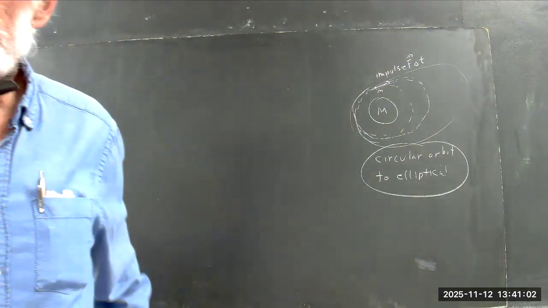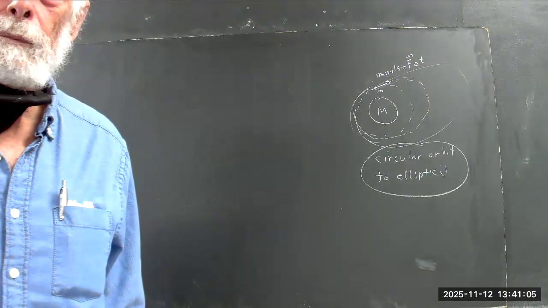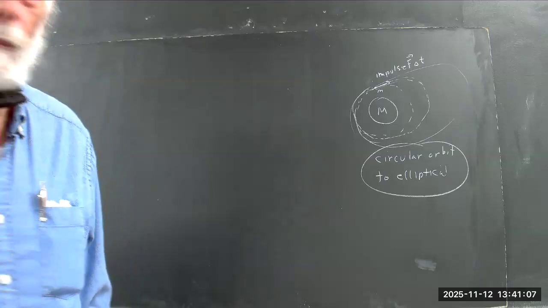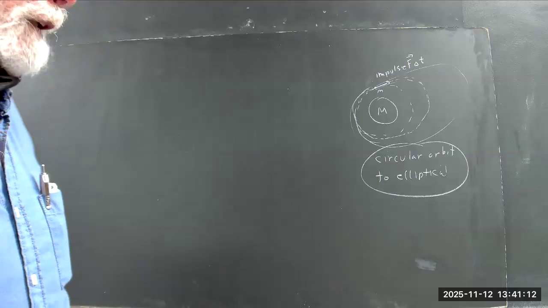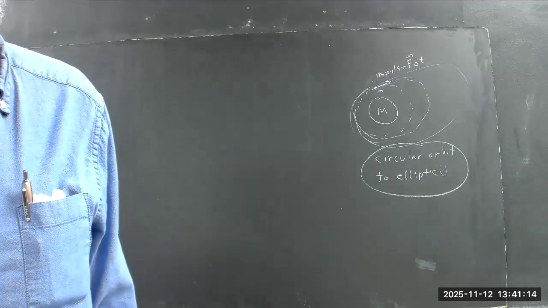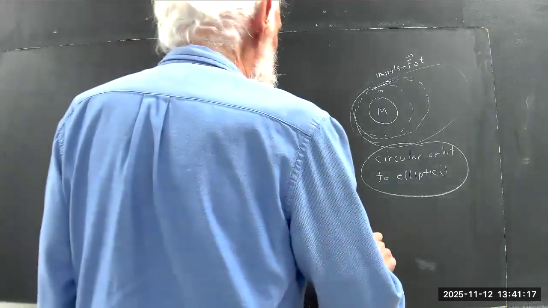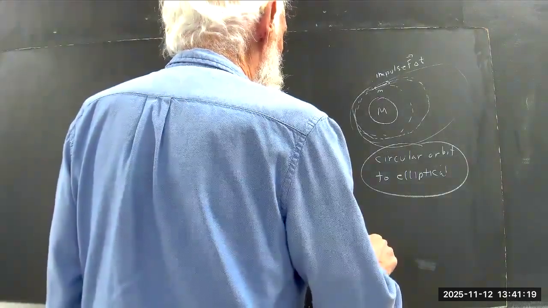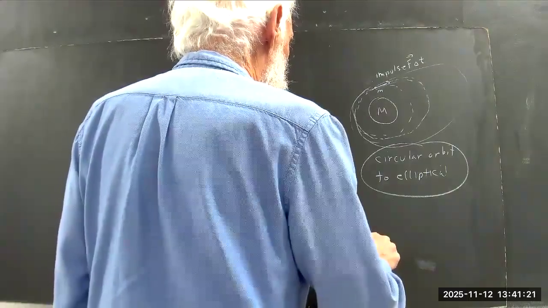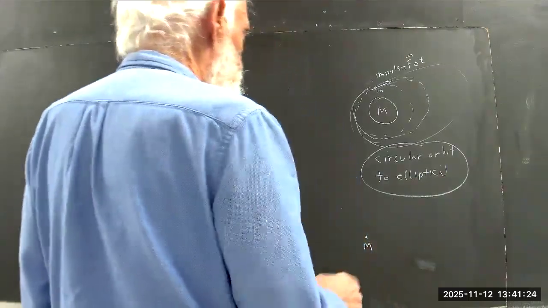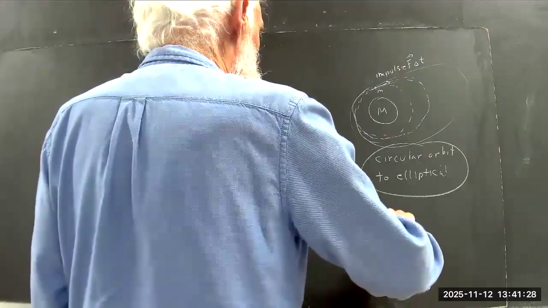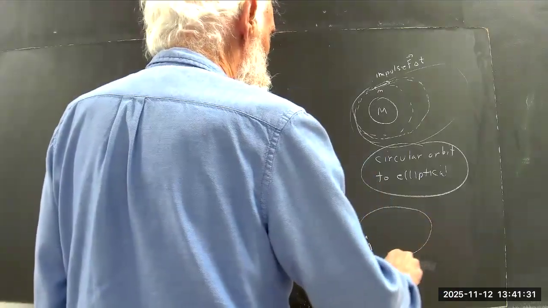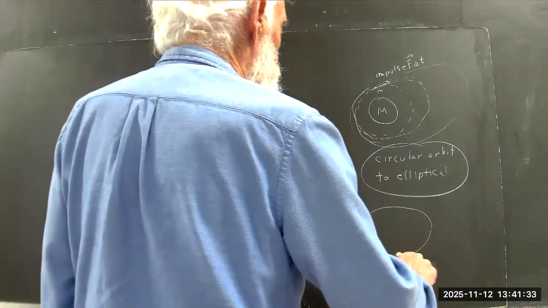You go from a circular orbit to an elliptical orbit. And that's a badly drawn ellipse, but you get the idea. Okay, so let's say here now, I'm just going to represent the big mass, big M, as a point and try to draw a little better ellipse. Still not a great ellipse.